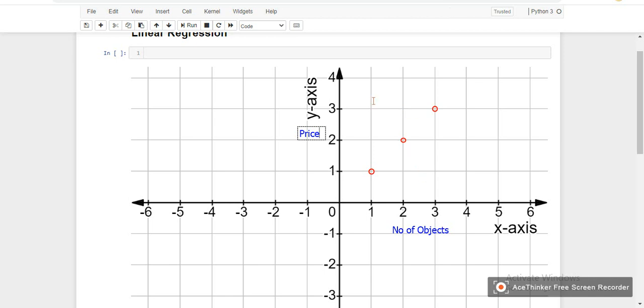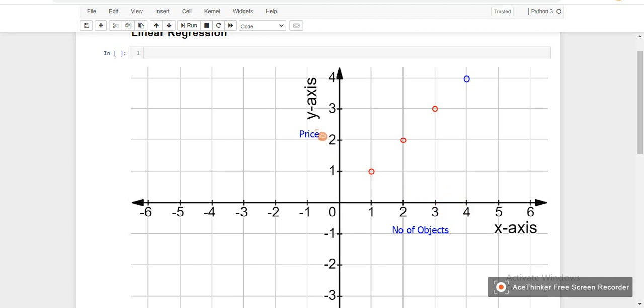Suppose we would like to find out what the price of 4 objects is. We could easily say that it is 4 rupees. How could we say that? We have said that just by analyzing the relationship between the x-axis and the y-axis.